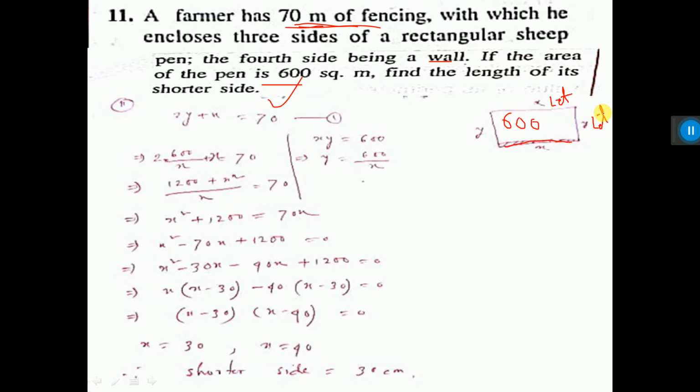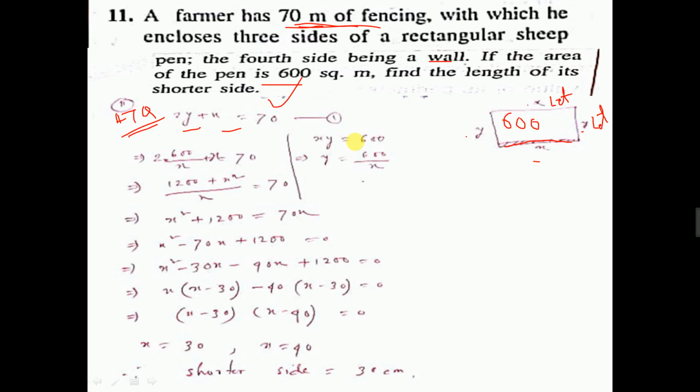Directly in the diagram you write the lengths. Then according to the question, you can write ATQ. This y plus y, that is 2y, and x, I have not taken the other x, because the perimeter is only the fencing, the wall is not considered, is equal to 70, as given in the question.